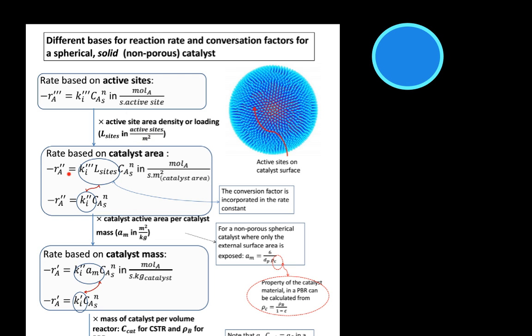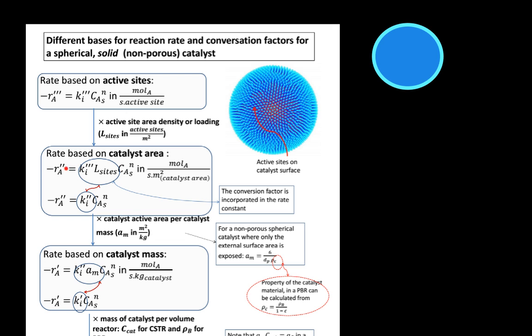If I want to convert my rate to give me how many moles per second of A get converted per area of my catalyst, I can take this rate that gives moles per second per active site and multiply it by my loading density: how many active sites do I have per external surface area in the case of a solid non-porous catalyst?